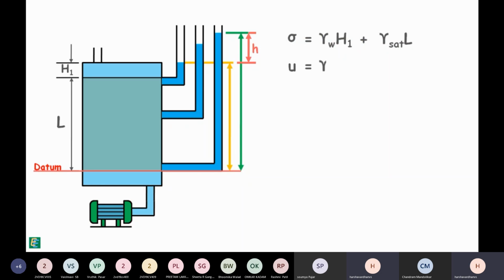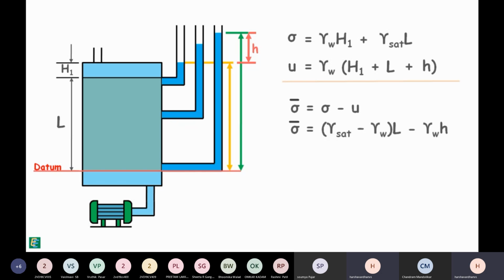Pore water pressure is gamma w multiplied by the height of the water column in the standpipe, which is this total height H1 plus L plus head loss small h. Hence, effective stress can be written as this. And this is submerged unit weight of soil. Here we can write this head loss as iL.